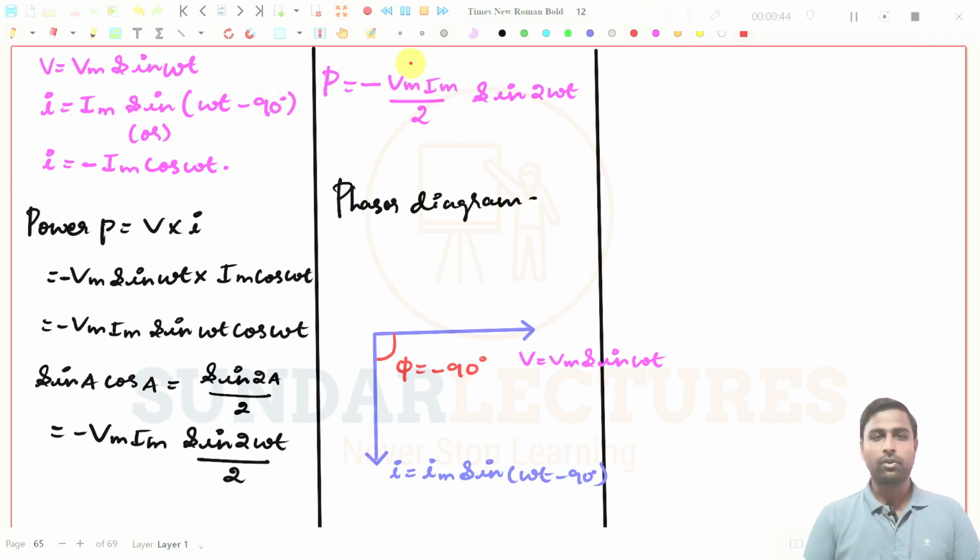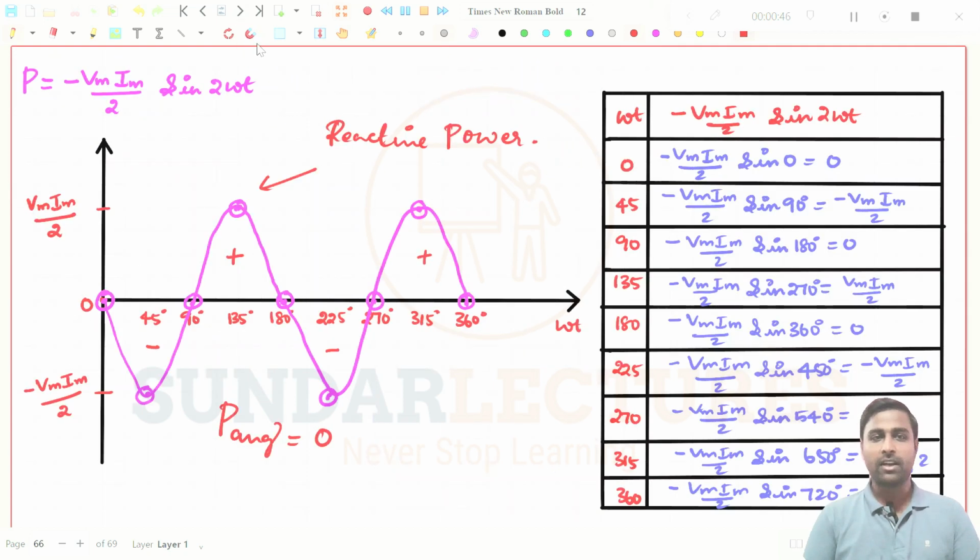With this power expression, we plotted the graph for different omega t values from 0 to 360 degrees with 45 degree splits, and we finally concluded that the AC power in the purely inductive circuit is a reactive power.